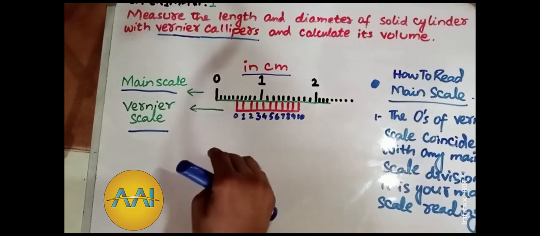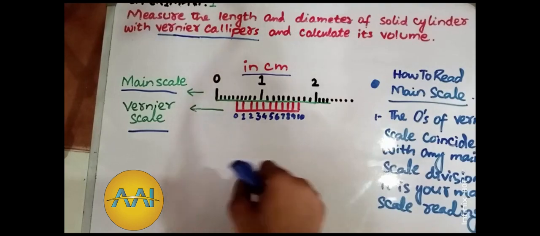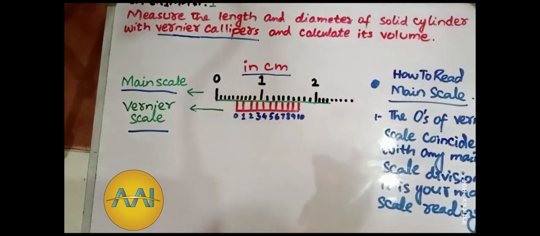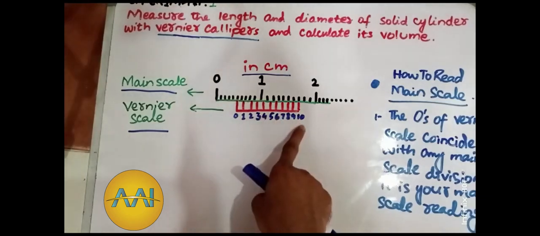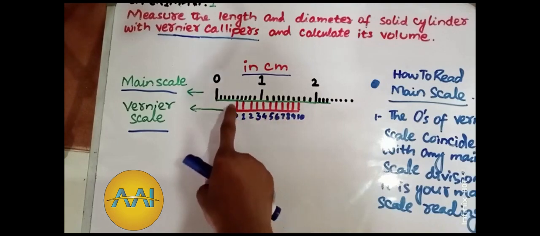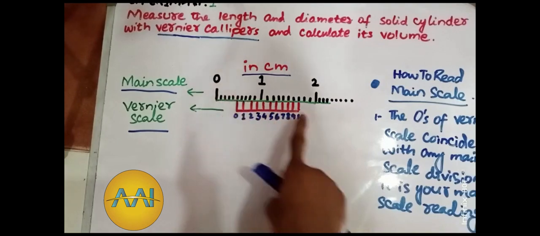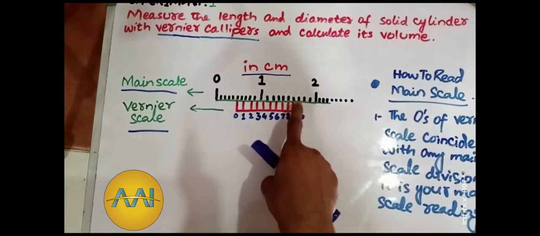Let's understand by another example. If two divisions, any division of the main scale and any division of the Vernier scale except 0 and 10, coincide, no matter which is which. If 0 coincides with one main scale division, and at the same time 10 also coincides with that main scale division.